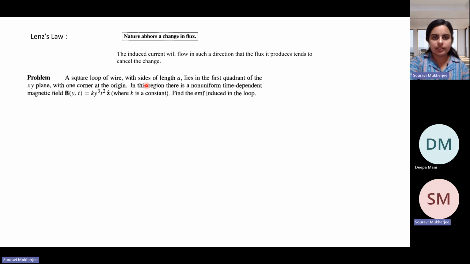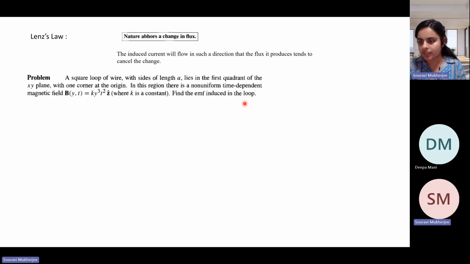Now this is a question based on electromagnetic induction. Here you have a square loop of some length A placed in the XY plane. In this region, there is a non-uniform time-dependent magnetic field, so your magnetic field is changing with time. What is the induced EMF in the loop? When you say that the magnetic field is changing with time, what are the two things in flux?